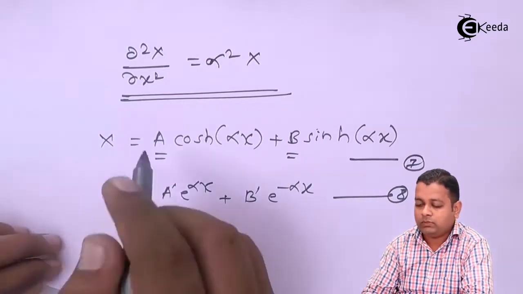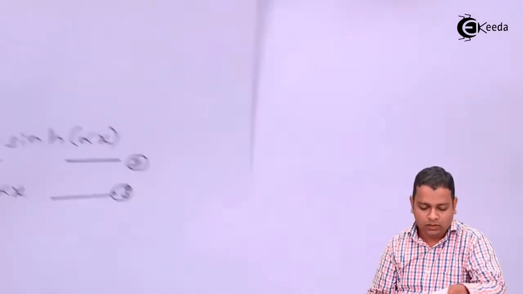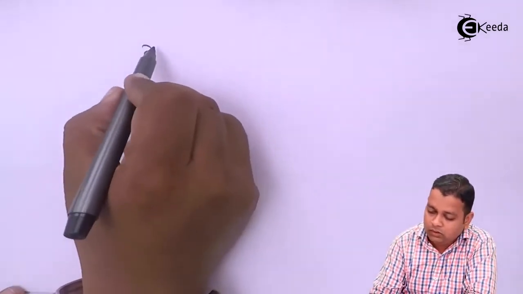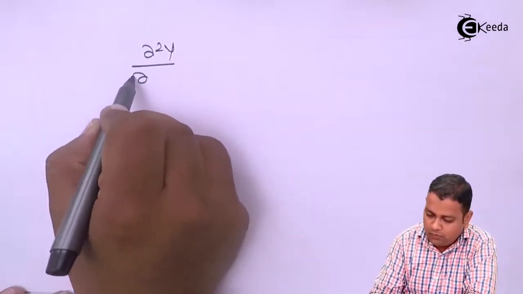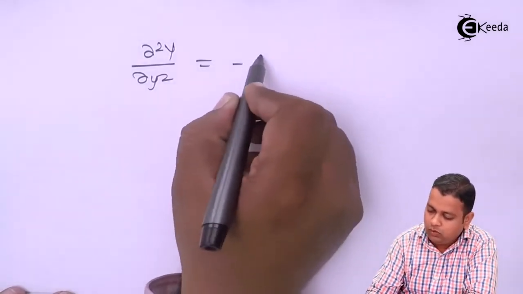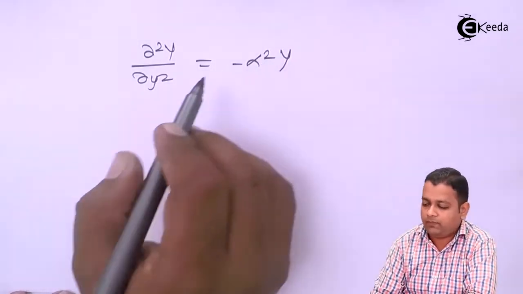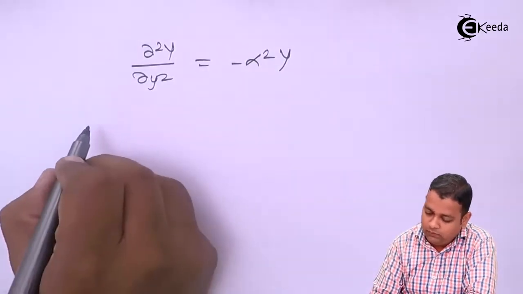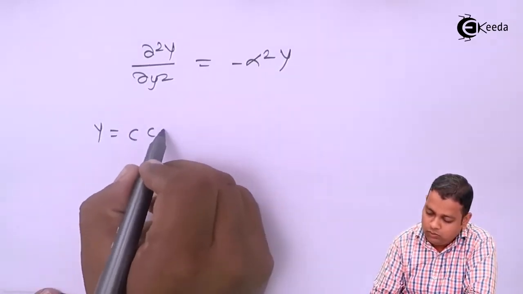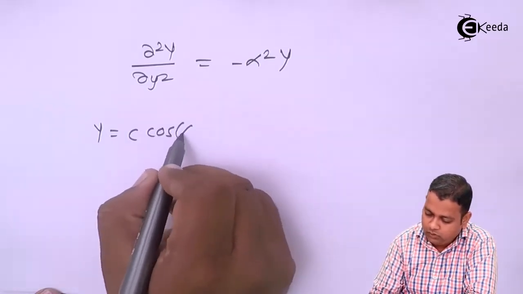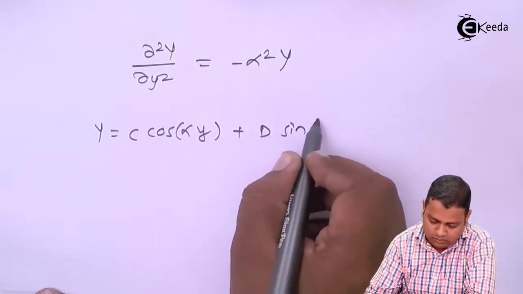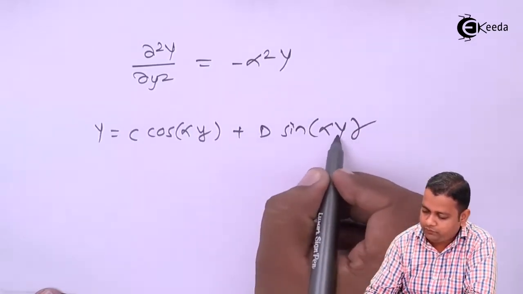Now we have a similar equation in the form of y, that is del 2 capital Y upon del y square will be equal to minus alpha square capital Y. For such type of equations, the standard solution is capital Y will be equal to C cos alpha y plus capital D sin alpha y.